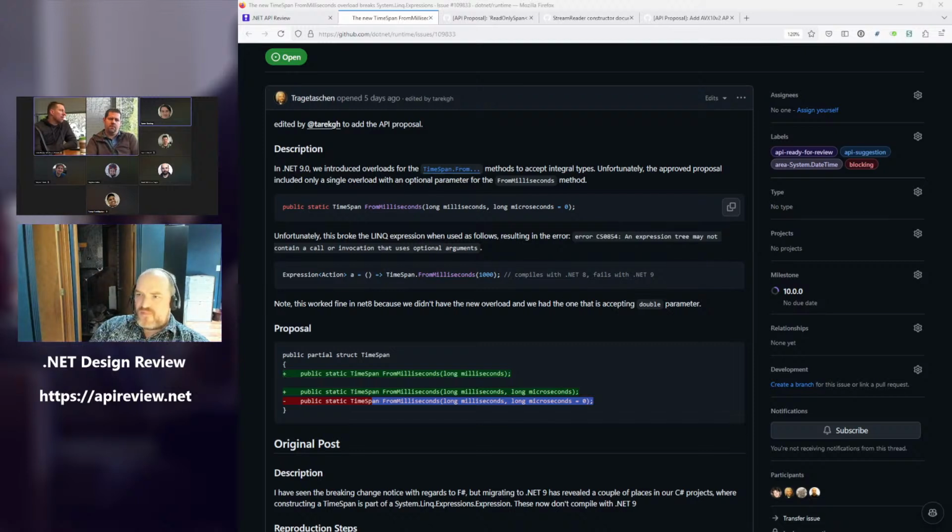So this is one of the many cases where just adding a new overload can break reflection in trivial ways, either because the conversions that the runtime tries to do by default don't match up, or because now there are more entries when you were expecting just a single entry or a limited number of entries to be returned for a method group.